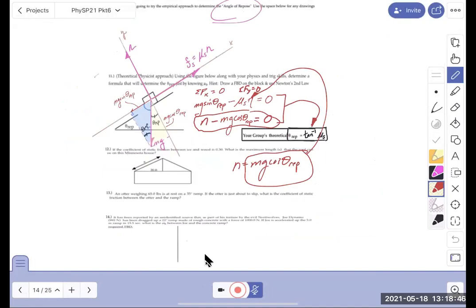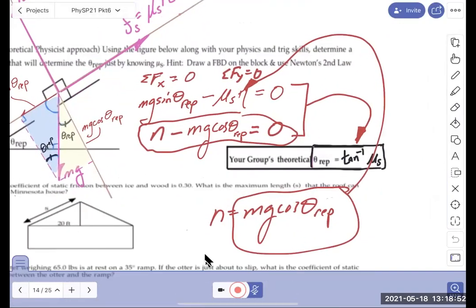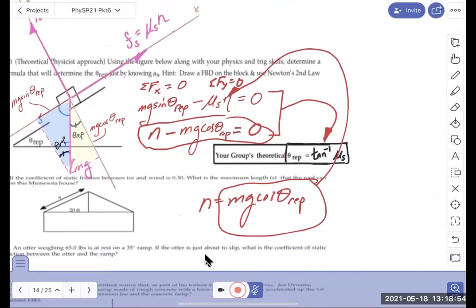Okay, so on the back, when the bell rang, so to speak, we were doing number 11. I kind of left it to you. I quickly threw it all together, but if you solve for the normal force back here, we're trying to determine the equation for angle of repose. The angle of repose equation is theta rep equals inverse tangent of mu sub s.